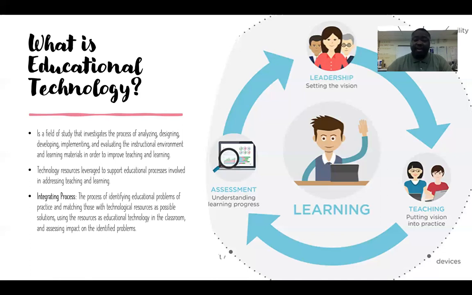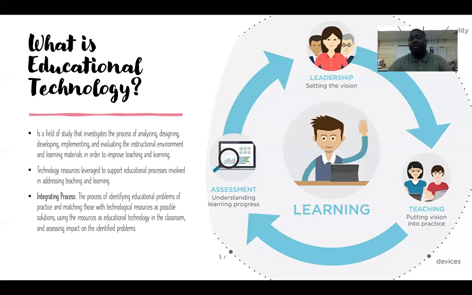Now, technology resources are also leveraged to support the educational process involved in addressing teaching and learning. Now, the integrated process is identifying educational problems of practice and matching those with technological resources as possible solutions, using the resources as education technology in the classroom, along with assessing the impact on the identified problems that our students may be dealing with.